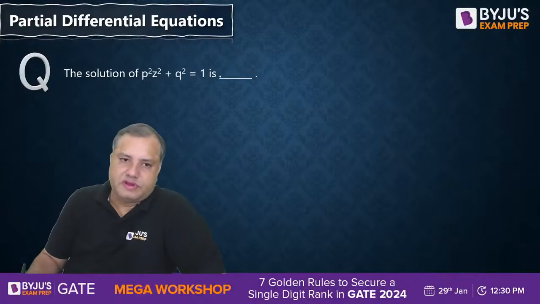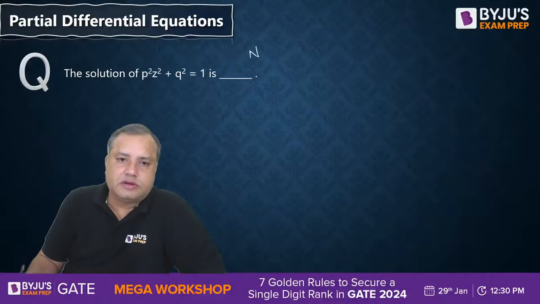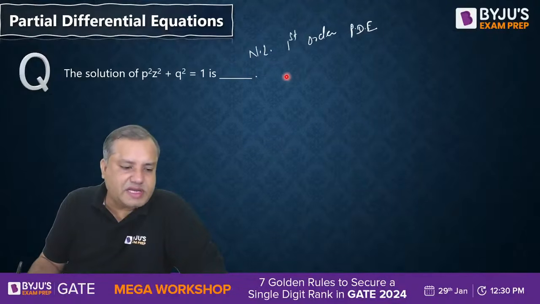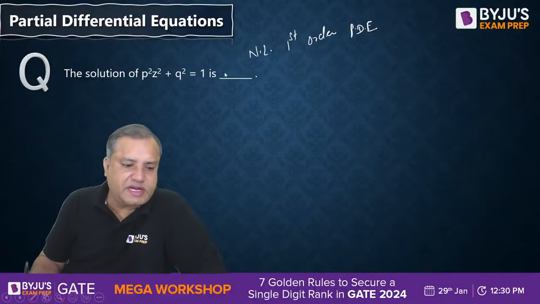Now, this equation contains P and Q, but the degree of P and Q is other than 1, so this is a non-linear first order PDE. As far as the parameters are concerned, only three parameters are there, P, Q and Z. So this is again type 2.